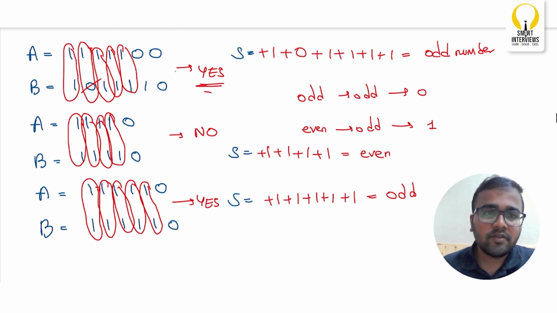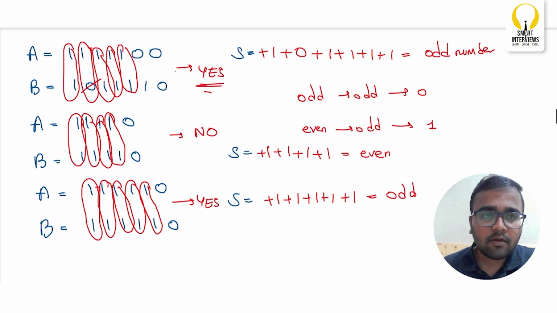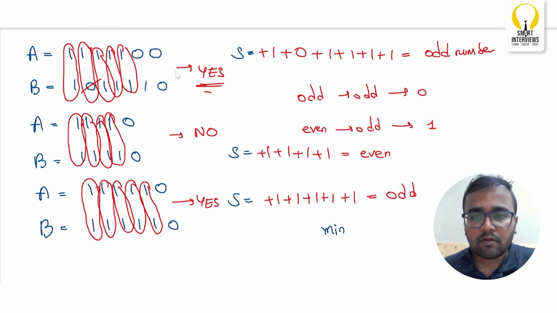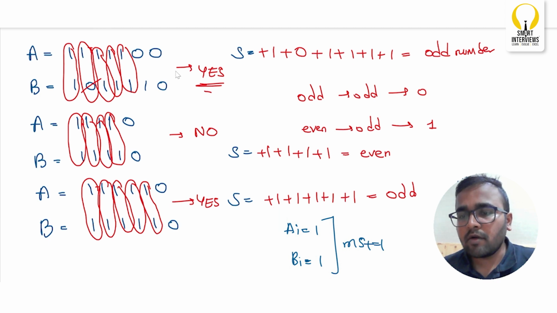What we can do is check the minimum score. How is the minimum score dependent? The minimum score is dependent on such cases. If A[i] is equal to 1 and B[i] is equal to 1, we'll blindly increment the sum, or let's take the minimum sum.